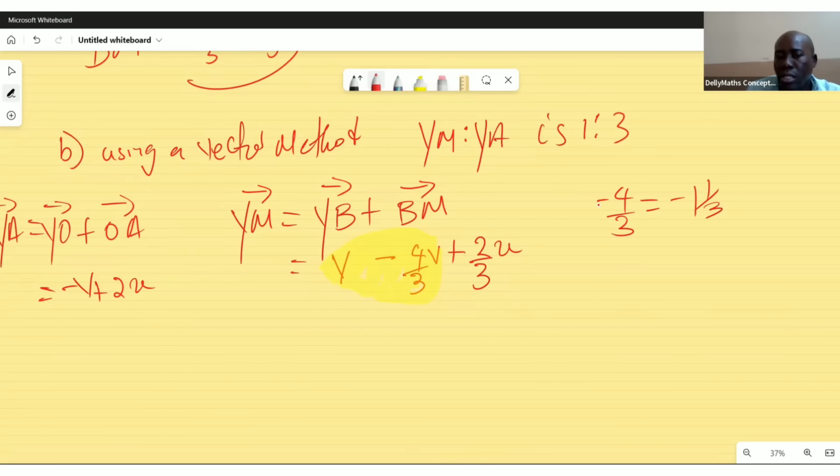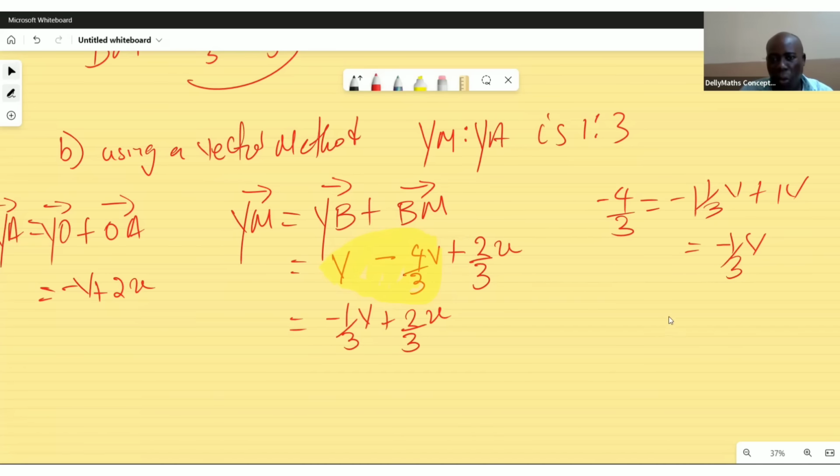So if I have -1 and 1/3 V and a positive 1 V, which is what we just call V, then you could see that we will be left with -1/3 V, because it's like +1 and -1 1/3. When the +1 and the -1 cancel out, we are left with -1/3 V plus 2/3 U.